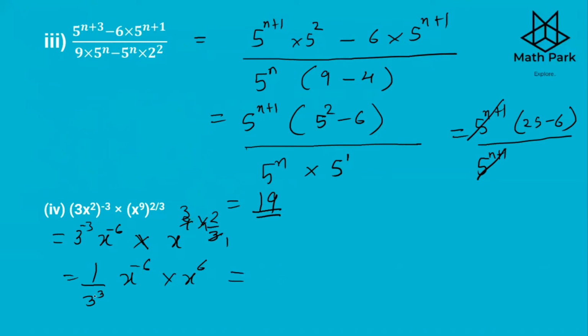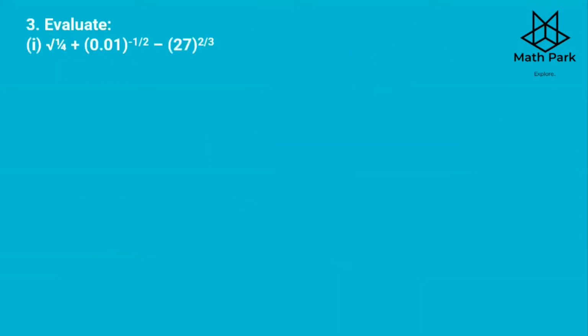So we get 1 upon 3 cube, and 3 cube is 3 3s are 9 and 3 9s are 27. Yes, it is 1 upon 27 into x raised to minus 6 plus 6, which is 0. This is 1 upon 27 into x raised to 0, that is equal to 1 upon 27, as x raised to 0 is equal to 1. Anything raised to 0 is always 1. Got it? So we move on to question number 3.